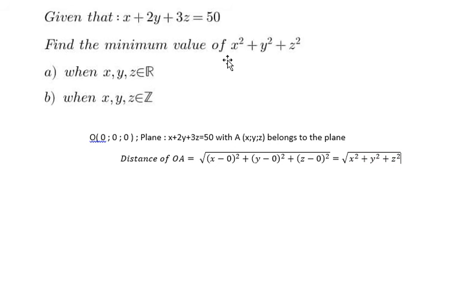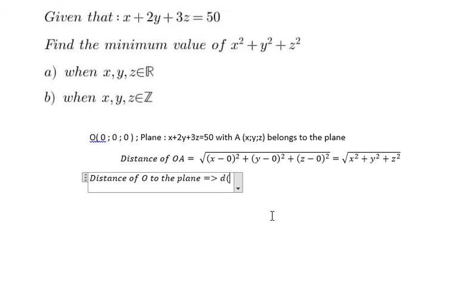If we want to find the minimum value of this, the distance OA should be the distance from O to the plane, and the plane is about this one. So we can find the distance in here.